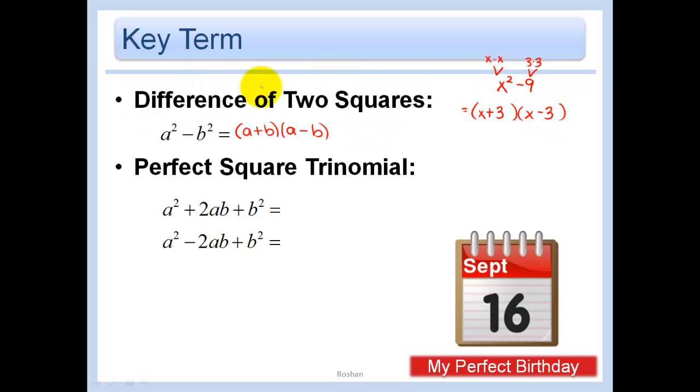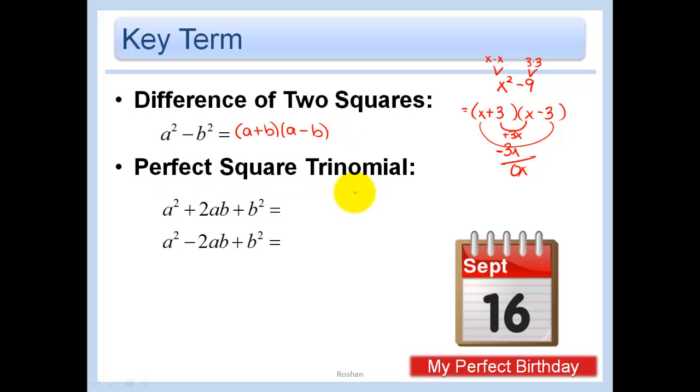Whenever we have the difference of two squares, the reason that we don't have a middle term is because the outer, which is in this case negative 3x, and the inner, which is positive 3x, cancel out. And that is the beauty of the difference of two squares. We also have perfect square trinomials.